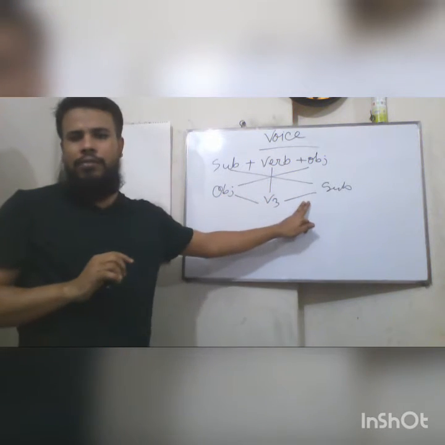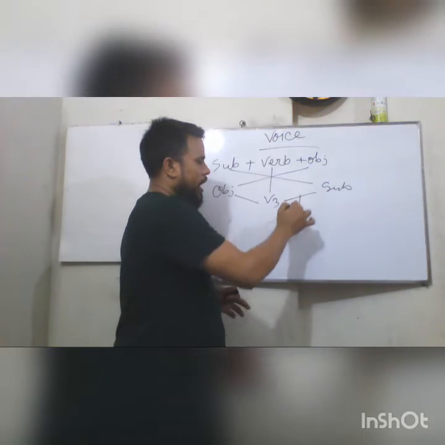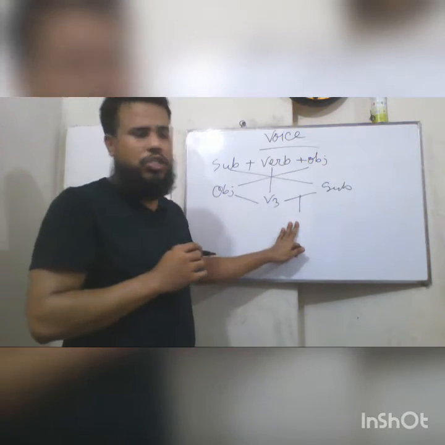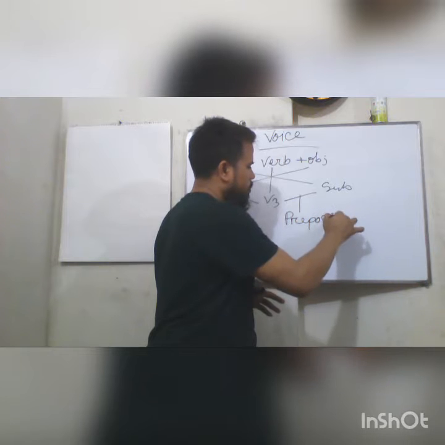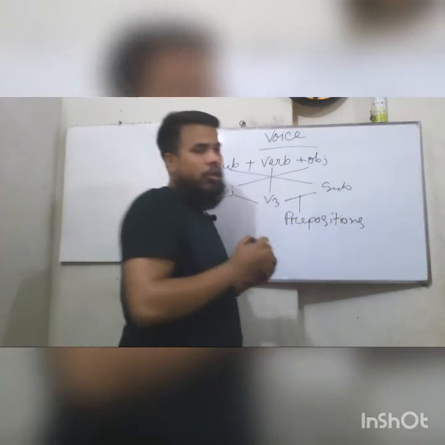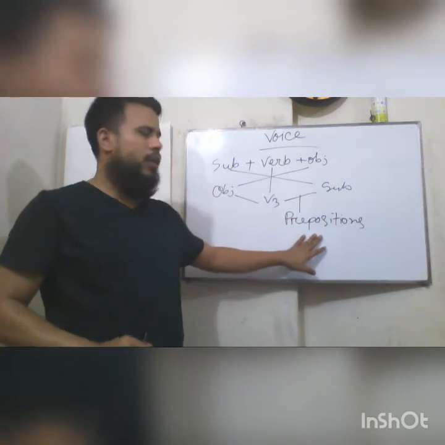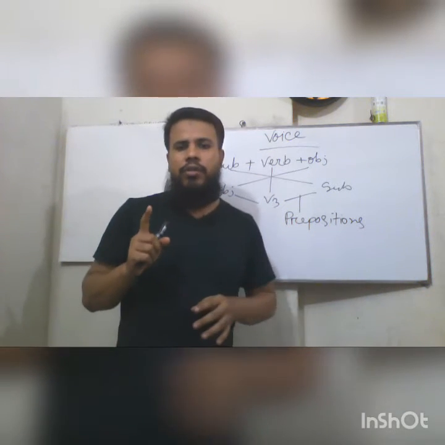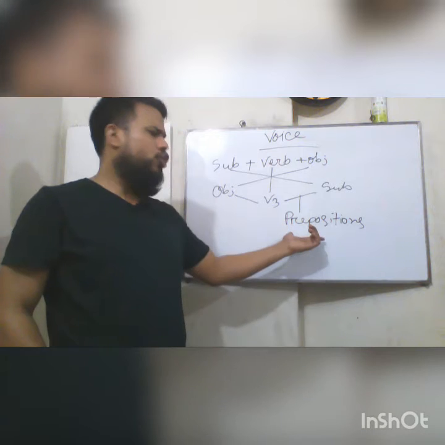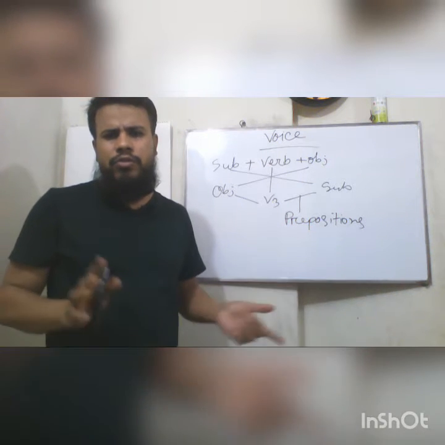There are two gaps, and the gaps express prepositions. Most of the students use by as the preposition here, but we have to remember that not only by is appropriate all the time.